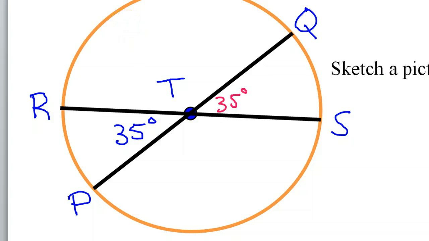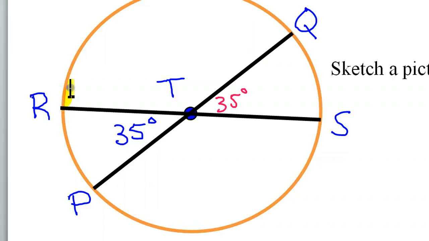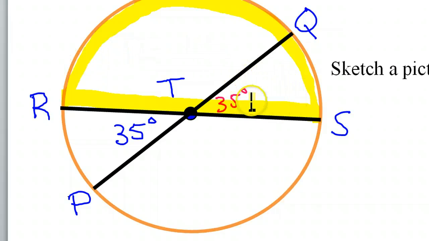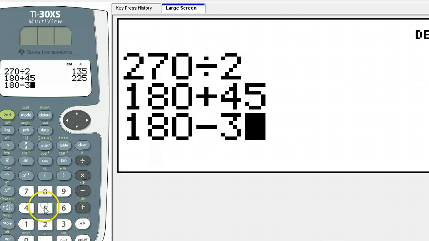Now, because, for example, over here you have a semicircle, from here to here is a semicircle. In other words, this is a diameter. So that means we're looking at a total of 180 degrees in here. That's 180 degrees. So if this is 35, then we're talking about 180 degrees minus 35.